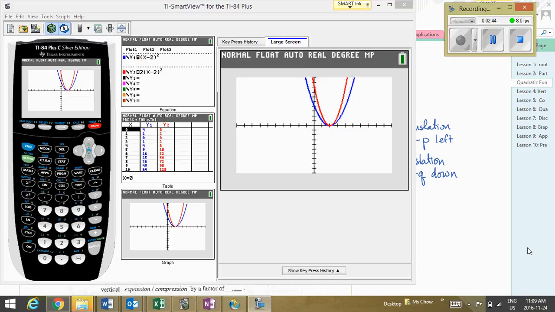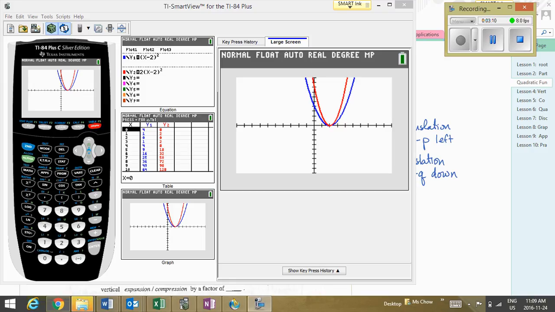Okay, so what we see here in the blue is our first function, which is just our standard (x minus 2) all squared. That's been translated 2 units to the right. When we put in a coefficient of 2, what we end up with is a parabola that is skinnier.